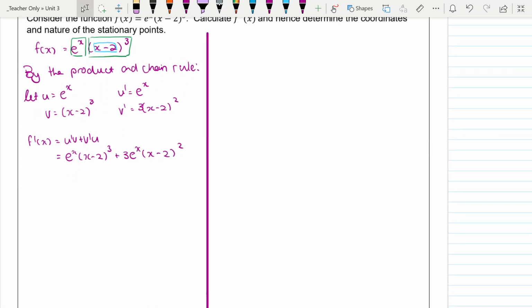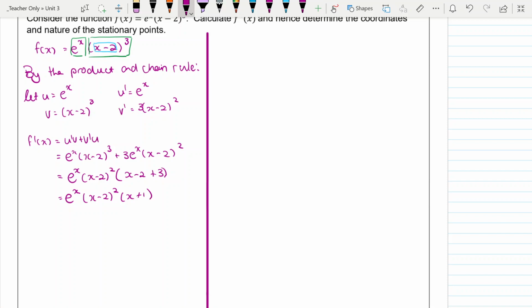That means I'm going to need to take the time to factorize this. So I'm going to take out an e to the x and an (x take 2) squared. What I'm left with then is an (x take 2) plus 3, and that's e to the x, (x take 2) squared, and (x plus 1).